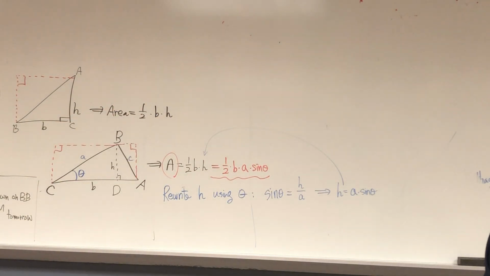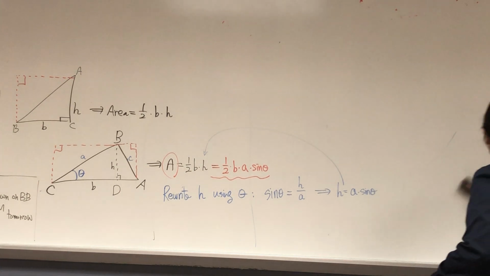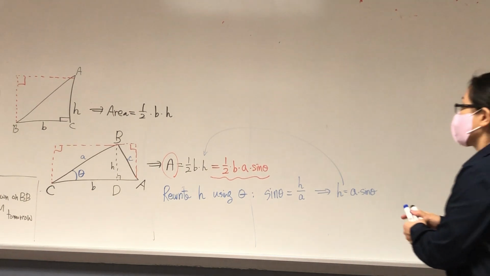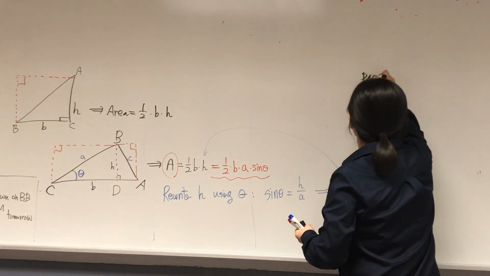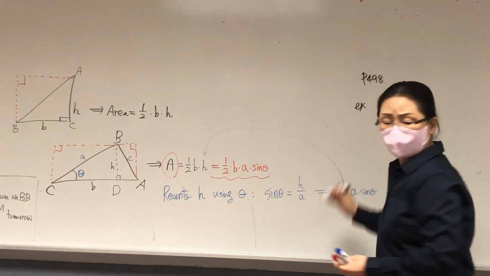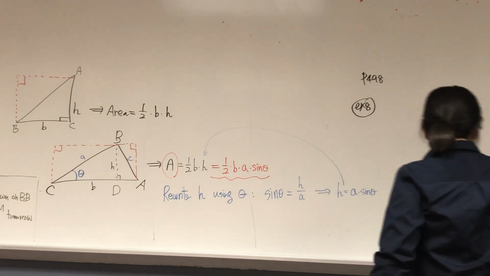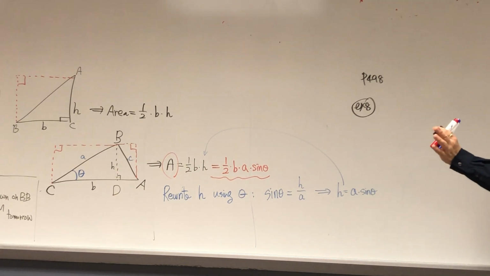Okay, how about this example? Next, page 498, Example 8. You have this triangle, it can be any type of triangle.